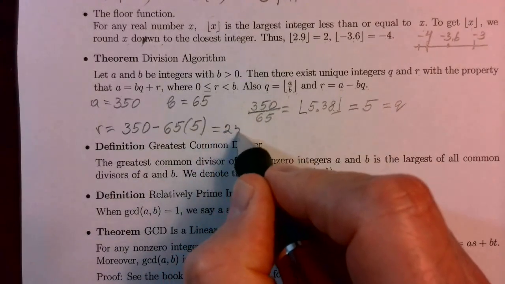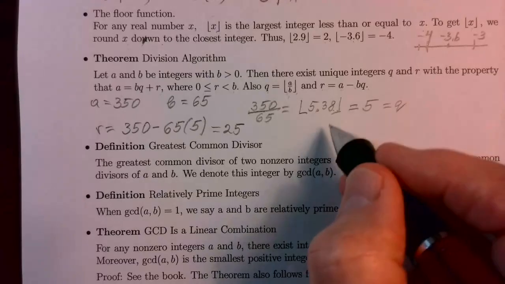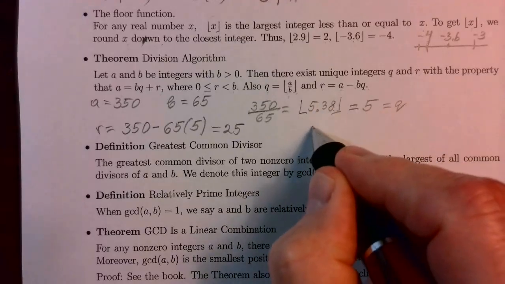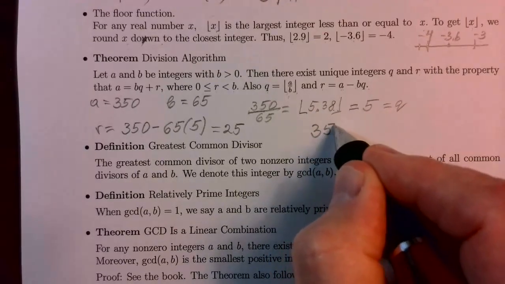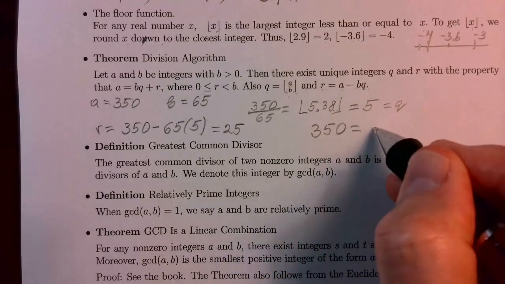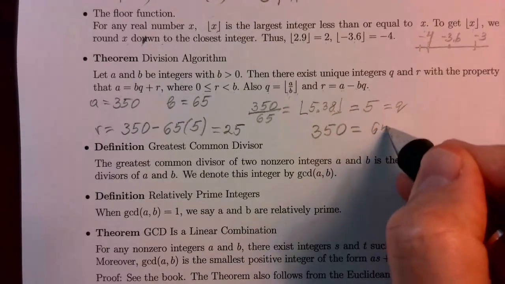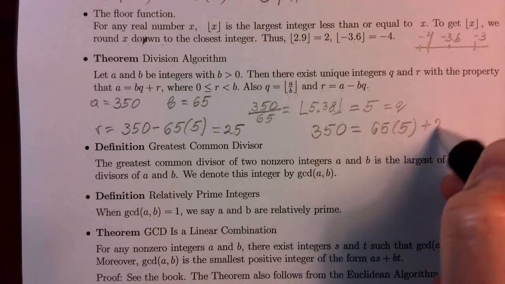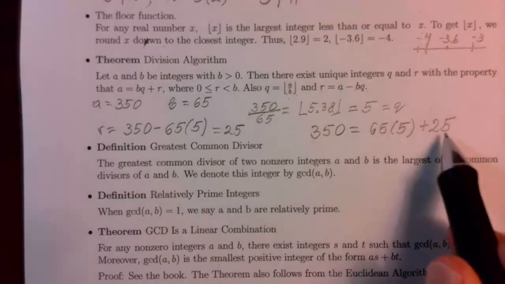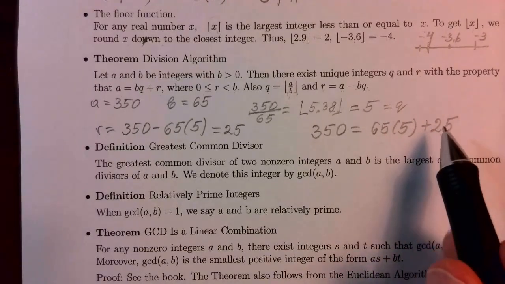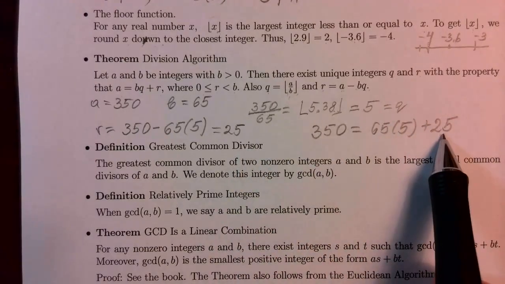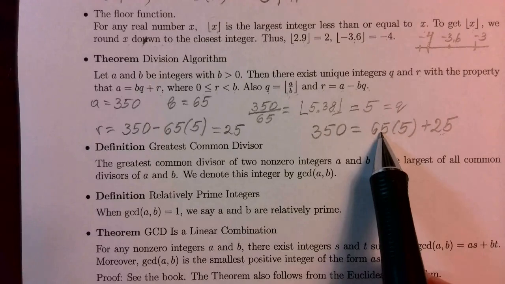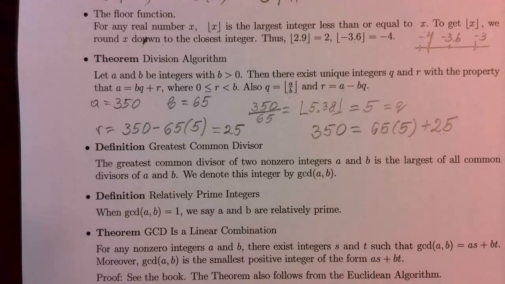So the remainder is 25. And from here, we can write that 350 is equal to 65 times 5 plus 25. So the remainder is as needed, non-negative and strictly less than the divisor 65.